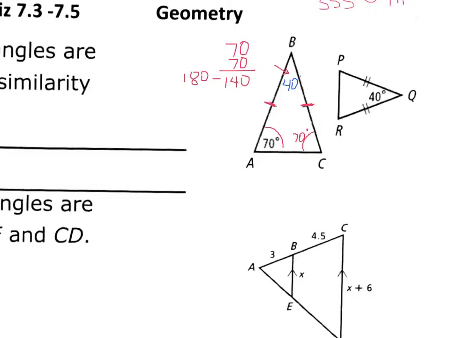And the two sides that I'm talking about are AB and BC. These are sides that have an included angle. So angle A is congruent to angle Q. Okay? So I can mark those two congruent. I can say angle B is congruent to angle Q.